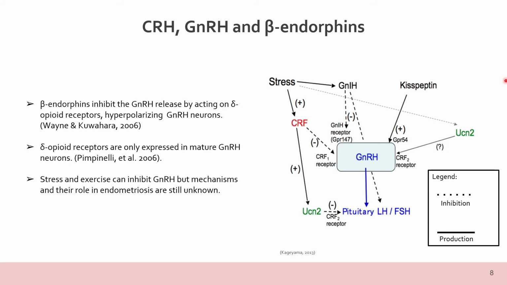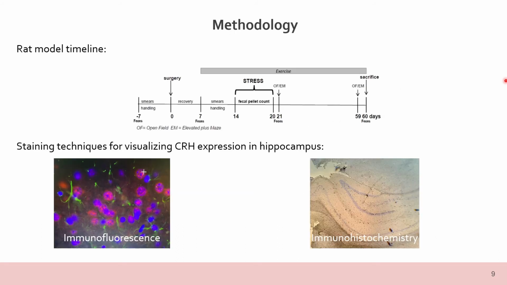This effect is fairly specific because delta opioid receptors are only expressed in mature gonadotropin-releasing hormone neurons. Stress and exercise can inhibit gonadotropin-releasing hormone, but mechanisms and their role in endometriosis are still unknown.